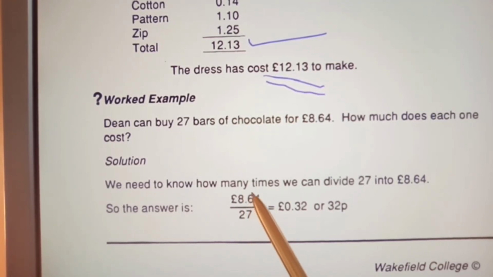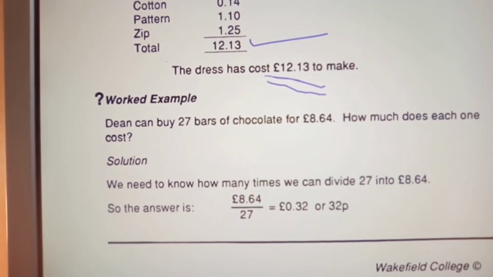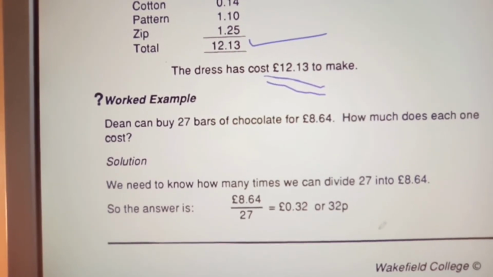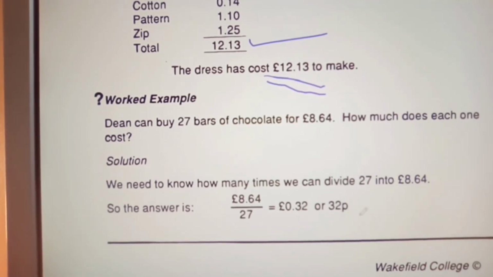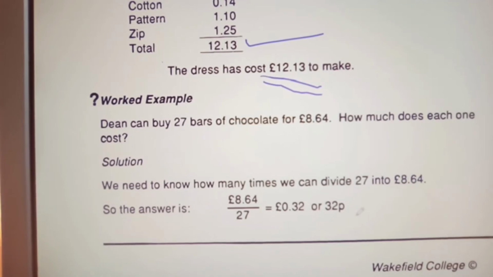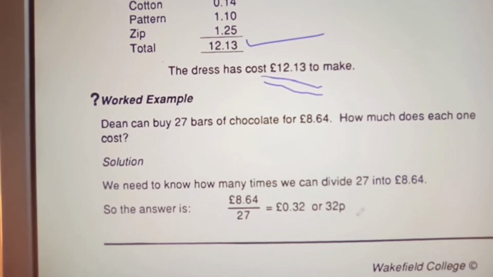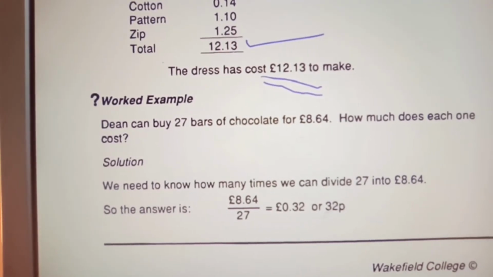So we move the decimal point 2 places to the right, which makes 864 divided by 27, which gives you 32 pence each. And that's how we get the 32 pence each.